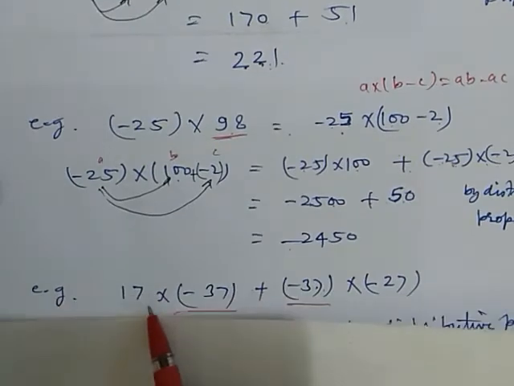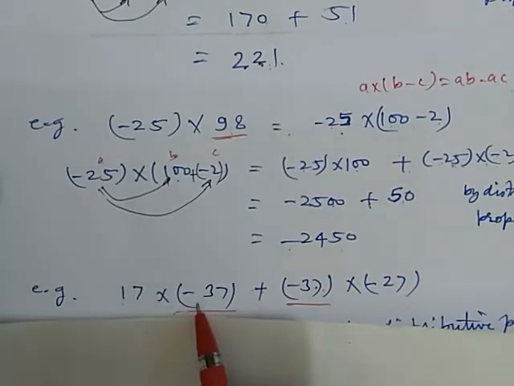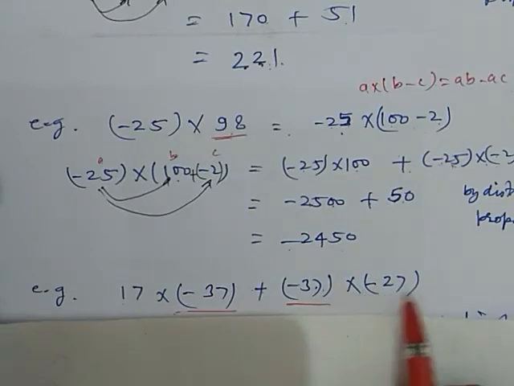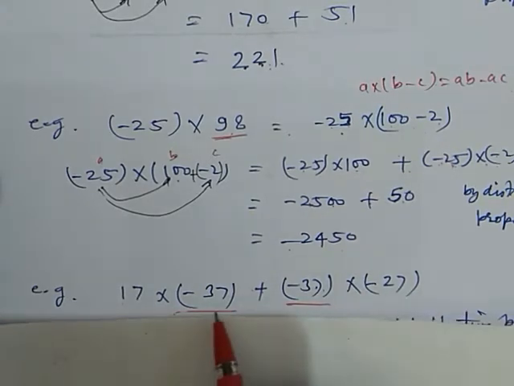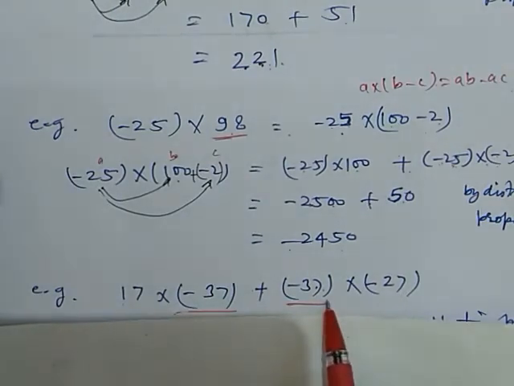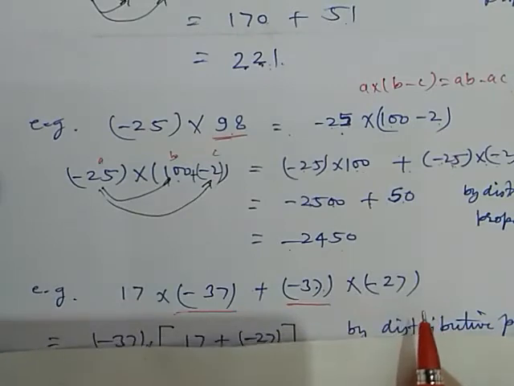Now this is our question. 17 into minus 37 plus minus 37 into minus 27. Now look here. In both these terms, minus 37 is common. So what we have to do?